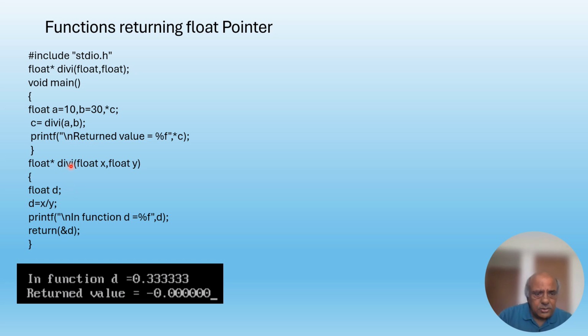Because as soon as the function terminates and returns back to the calling function, all the variables declared in the function are dead. So x will die, y will die, d will die, and as the variable has died, the pointer will return the address of d, but d has already been erased from the memory.